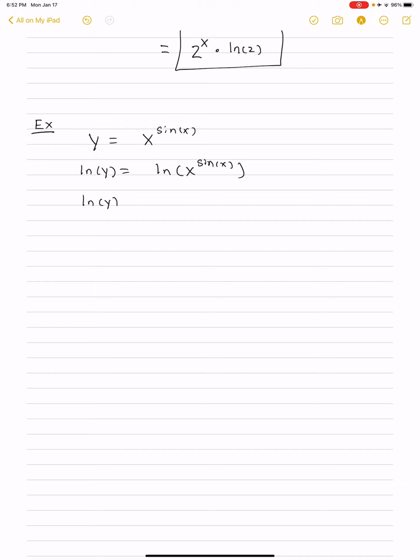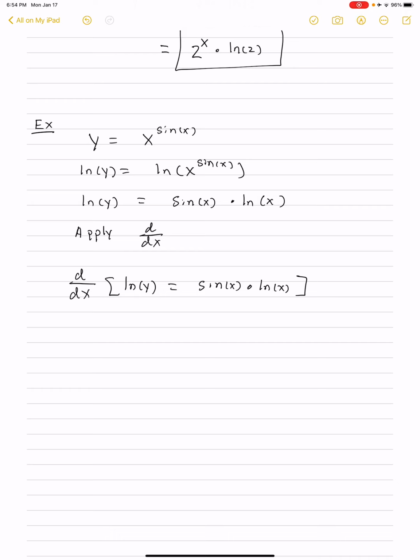Now I can use the properties of exponents, and I can get sine of x times ln of x. Apply differentiation. So I differentiate each side, and I get ln of y is equal to sine of x times ln of x.